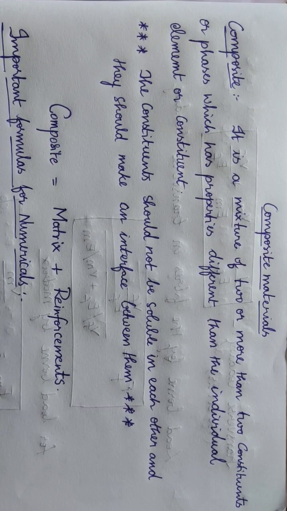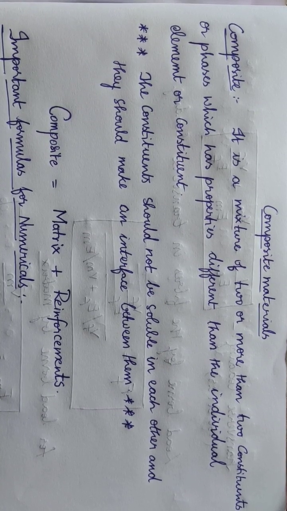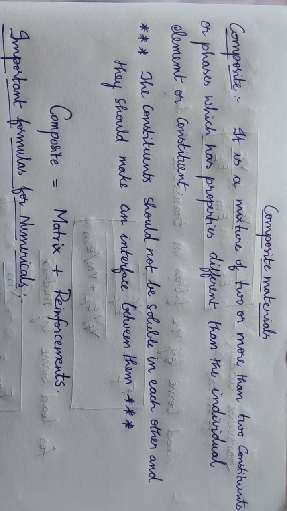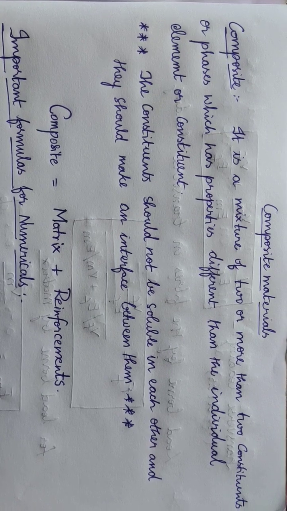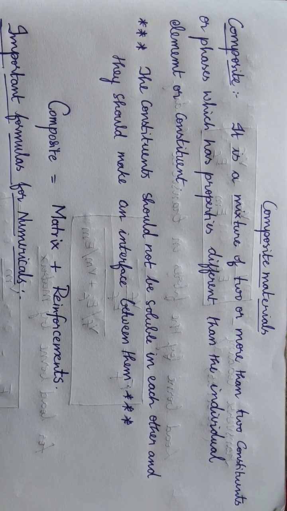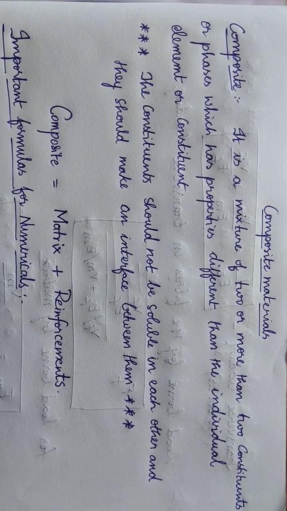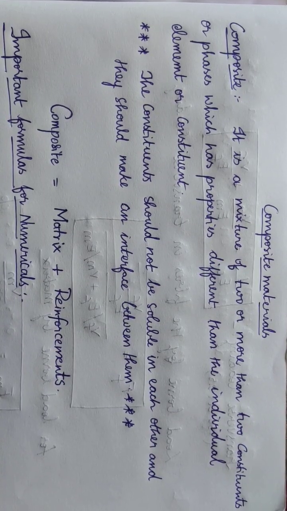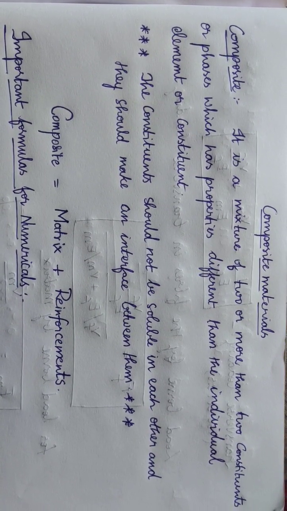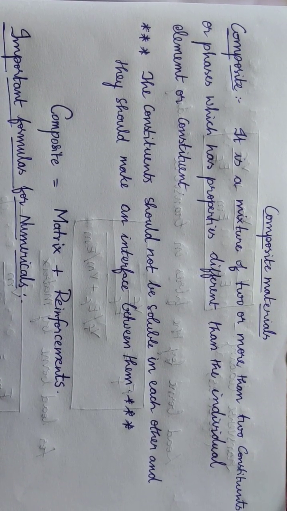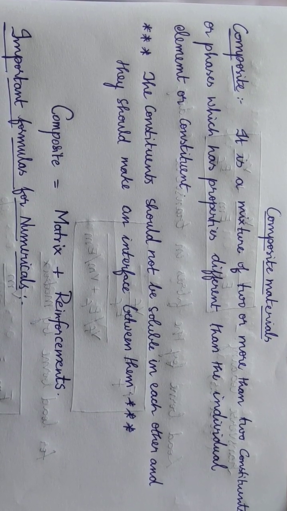Let's say A and B are two different constituents which have different properties. If we want A's properties and B's properties in the same material, we use composites.